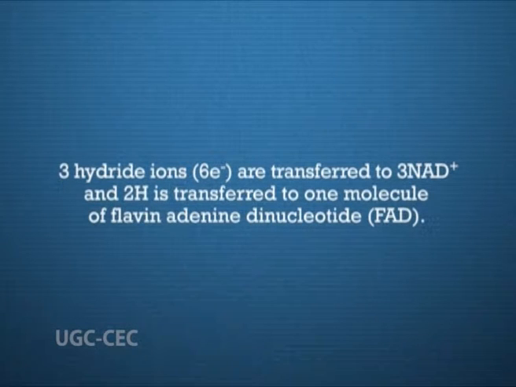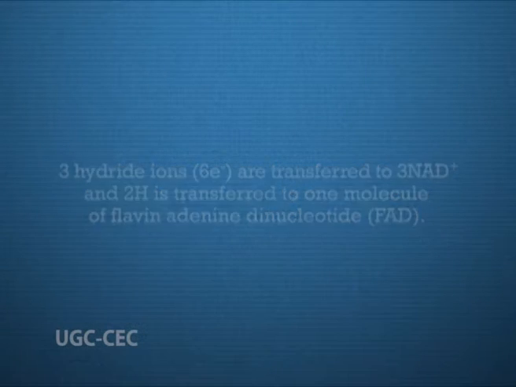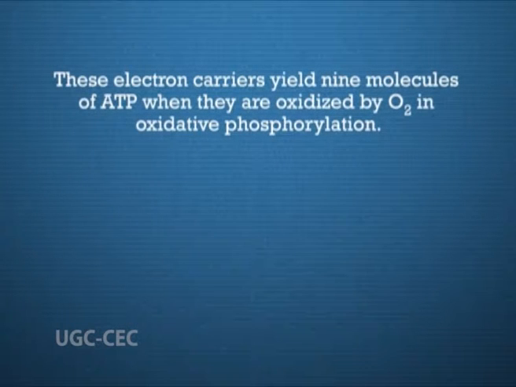Three hydride ions, hence 6 electrons, are transferred to 3 molecules of NAD+, and 1 pair of hydrogen atoms, hence 2 electrons, is transferred to 1 molecule of flavin adenine dinucleotide or FAD. These electron carriers yield 9 molecules of ATP when they are oxidized by molecular oxygen in oxidative phosphorylation.